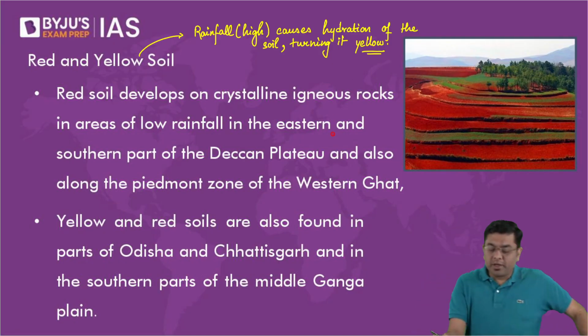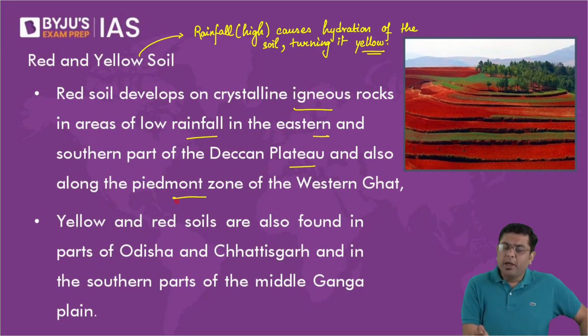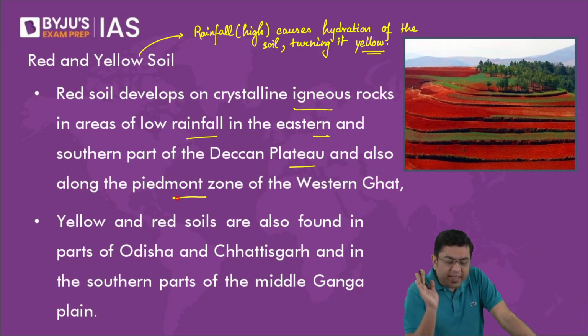So it develops on crystalline igneous rock areas of low rainfall in the eastern and the southern part of the Deccan Plateau, and also the Piedmont zone of the Western Ghats, generally on the leeward side. That is, Piedmont means immediately along the region of the foothills on the leeward side, which is going to be dry. Now, if I ask you, will this be rich in organic matter or not?